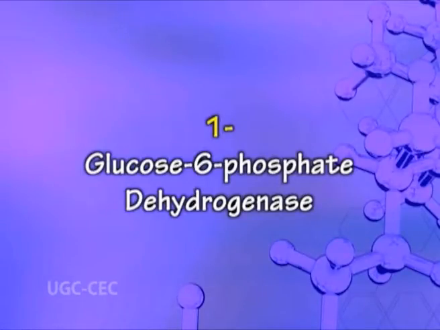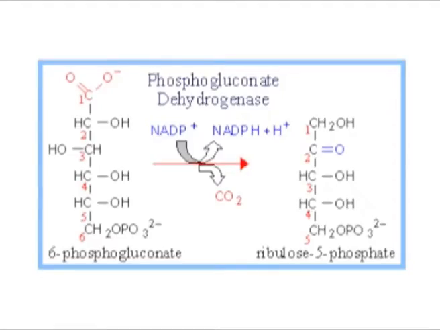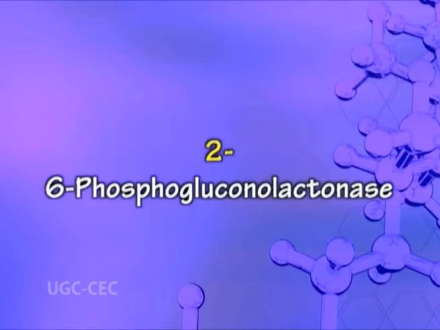Number 1. Glucose 6-phosphate dehydrogenase. It catalyzes oxidation of the aldehyde at C1 of glucose 6-phosphate to a carboxylic acid in ester linkage. NADP+ serves as electron acceptor. Number 2. 6-phosphogluconolactonase.